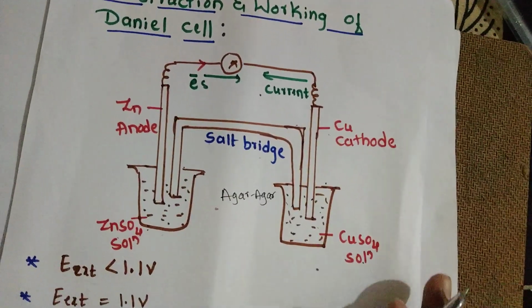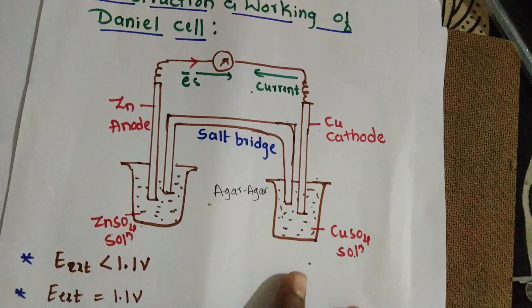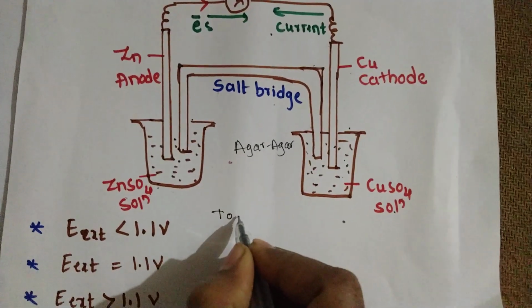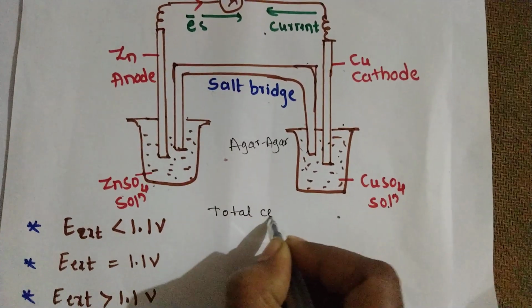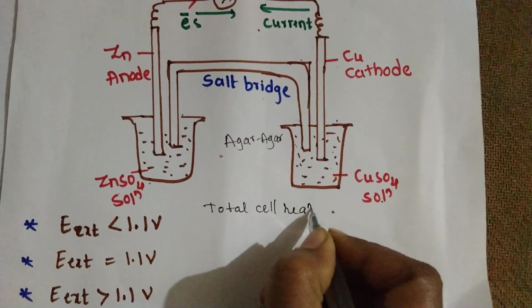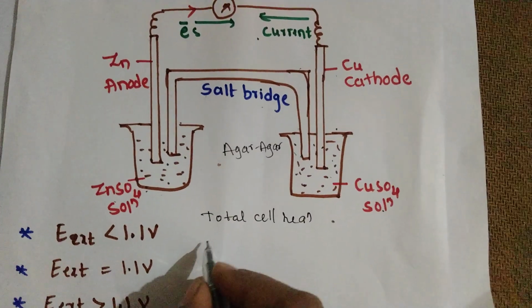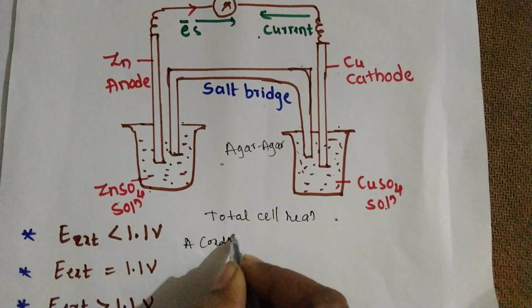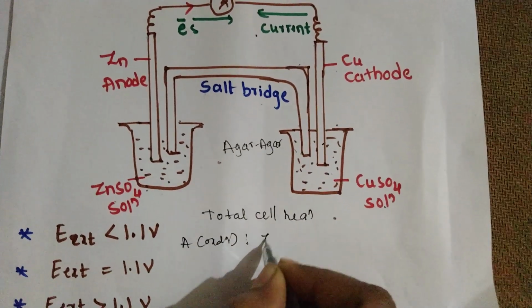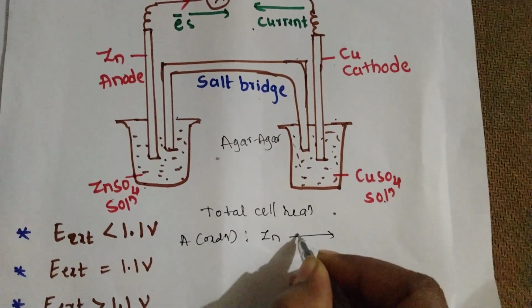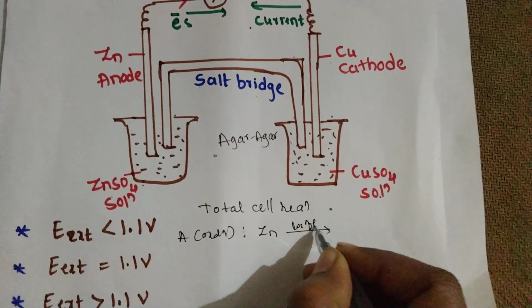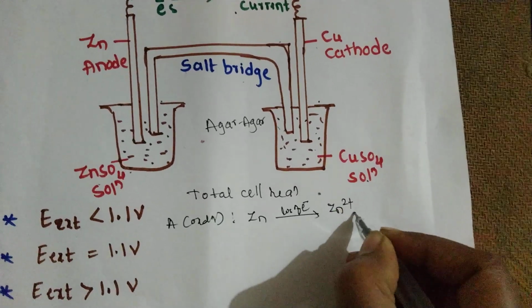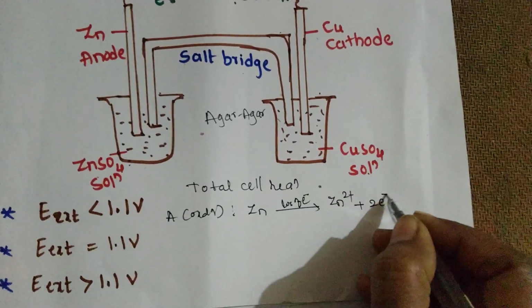Here is the total cell reaction in a Daniell cell. At the anode oxidation occurs, that is Zn loses electrons to form Zn2+ plus 2 electrons.